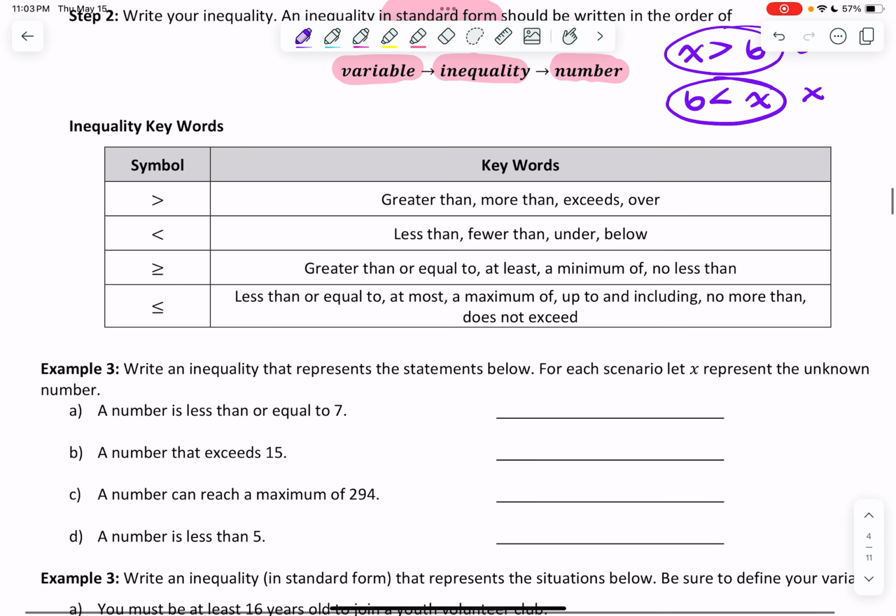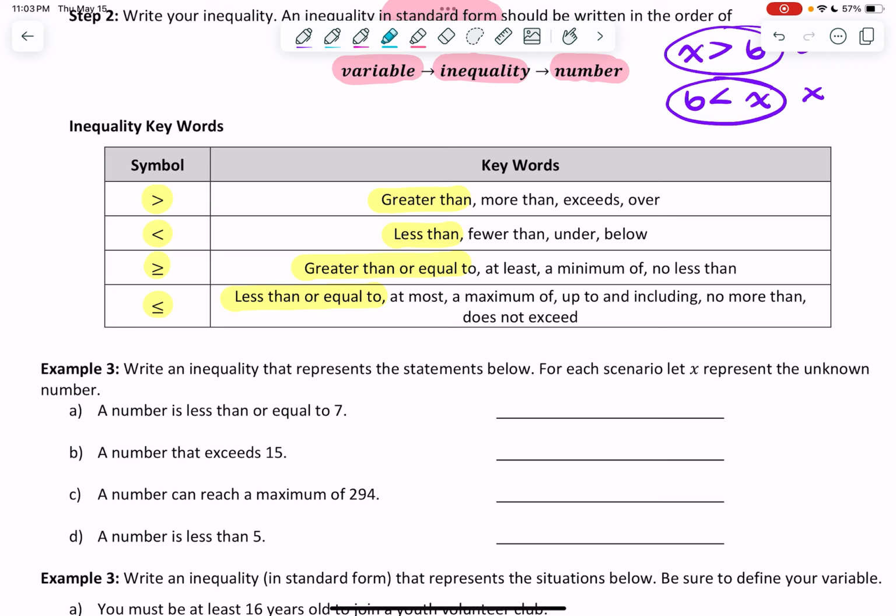Now, when we're taking a look at inequalities and writing them from context, there are some keywords that we might want to be on the lookout for. So, of course, we are now familiar with these symbols, and I don't think there should be much confusion about which symbol's which once I get that in my head. But you'll notice that there are other language options that exist to say the same thing.